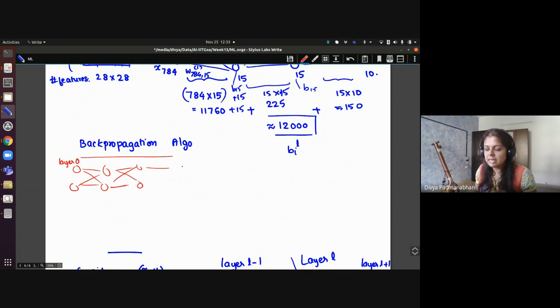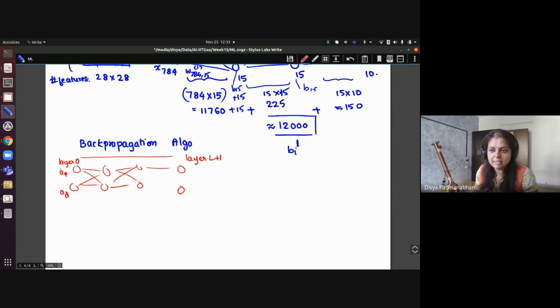And finally, you have a layer L plus 1. Right? So how it works is, first you start off with the initial values, so A1 to AD, and this is layer 0. So these are just your initial features. So now you're fixing one point, x, y.